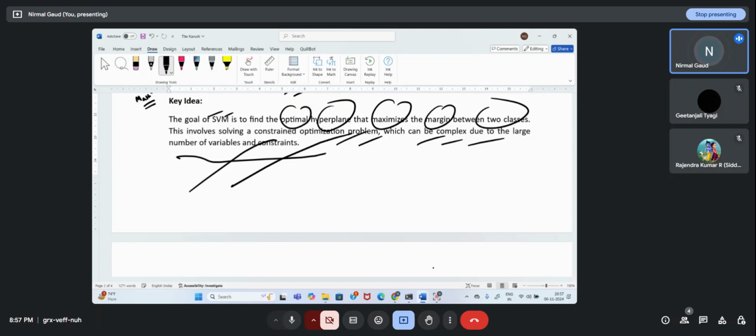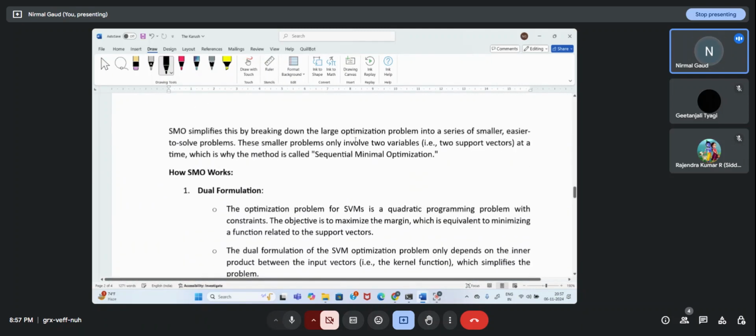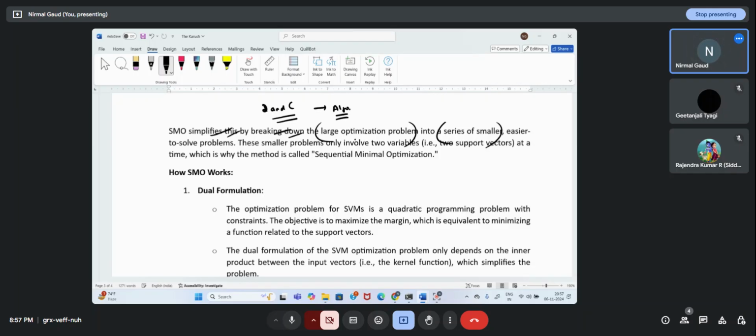So what can you do with SMO? SMO simplifies by breaking down the large optimization problem into small ones. This thing we have studied: divide and conquer. I hope you have an idea about algorithms; in algorithms we have divide and conquer. That's what it is saying.